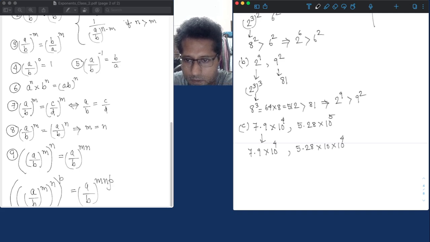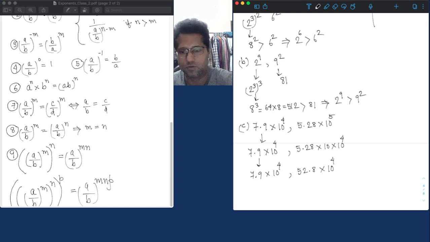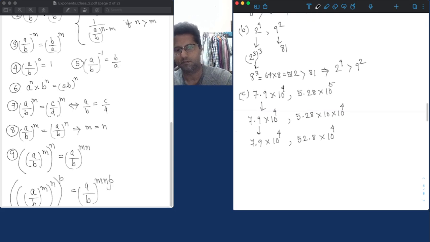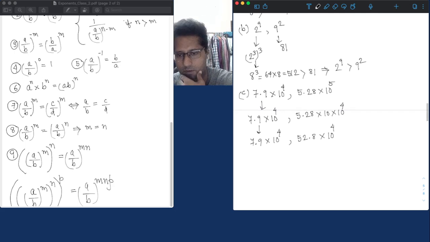So this becomes 7.9 into 10 to the power 4, and this is 5.28 into 10, which is 52.8, into 10 to the power 4. So now 10 to the power 4 is a common factor in both the numbers. Then we just have to compare the other factor, that is 7.9 and 52.8.